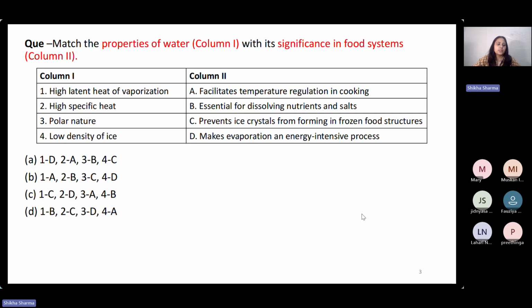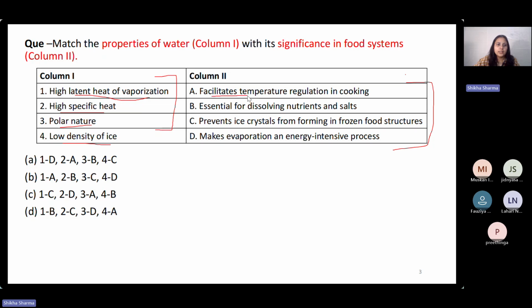So the first problem is to match the following. Column 1 has the properties of water like high latent heat of vaporization, high specific heat, polar nature, and low density of ice. In column 2, we have the significance of those properties in the food system.